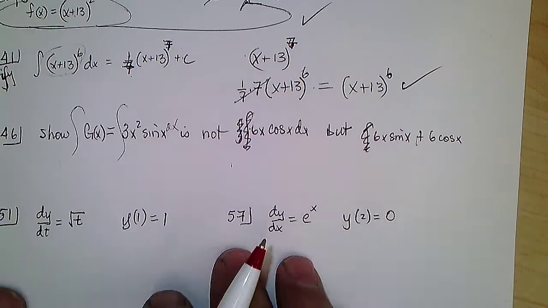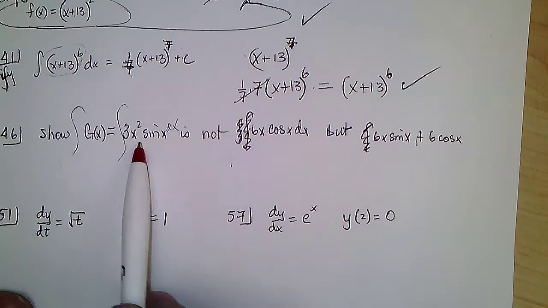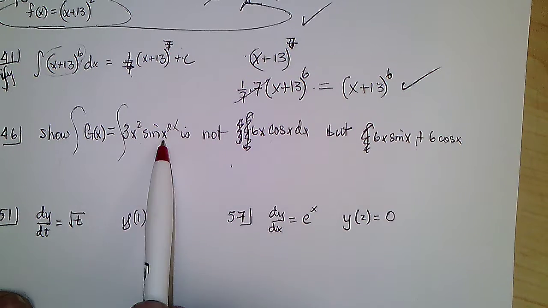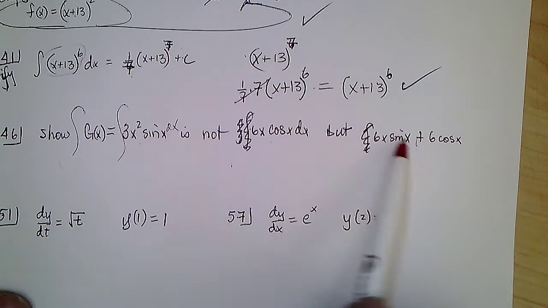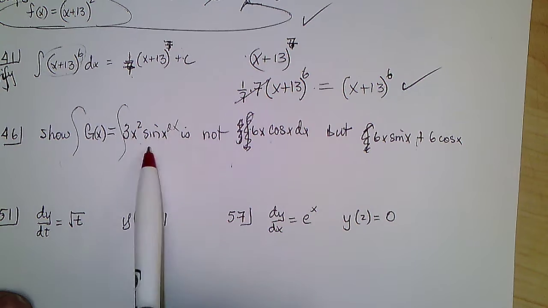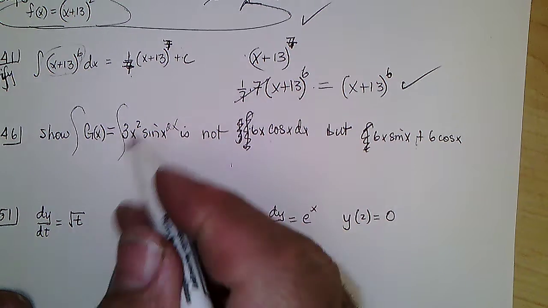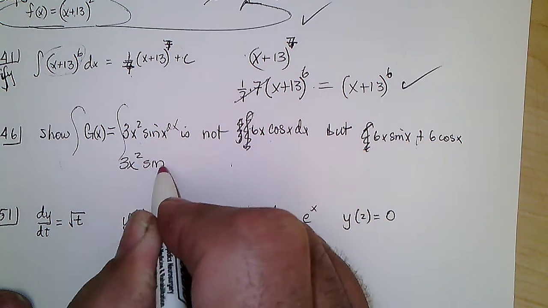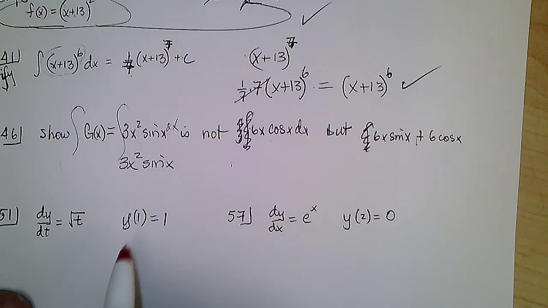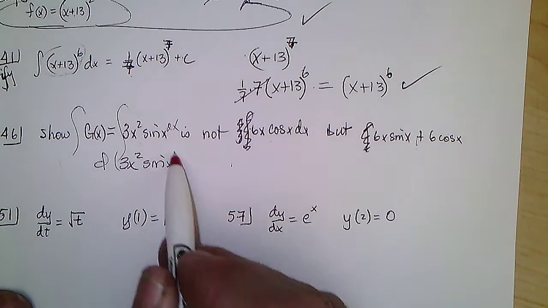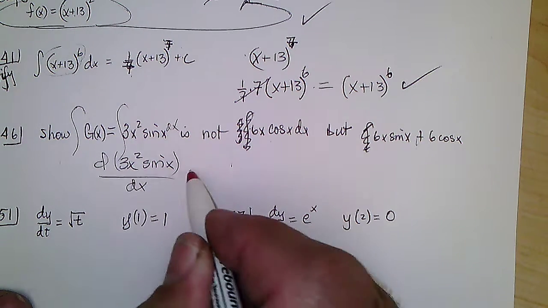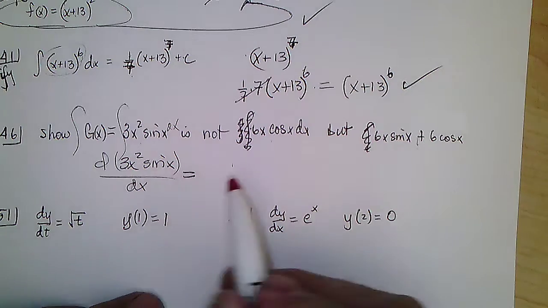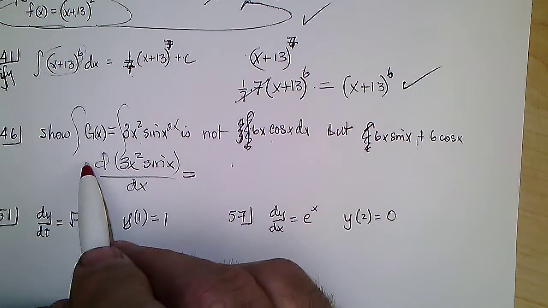Okay. Now they want me to show that this is not correct. That is correct. So if this is the integral of one of these two, then I should be able to take the derivative and see which one of these is correct. So if I have 3x squared sine x, and I take the derivative, then I have to apply the product rule. The 3 can come out.